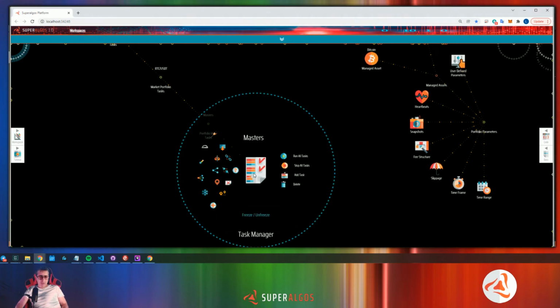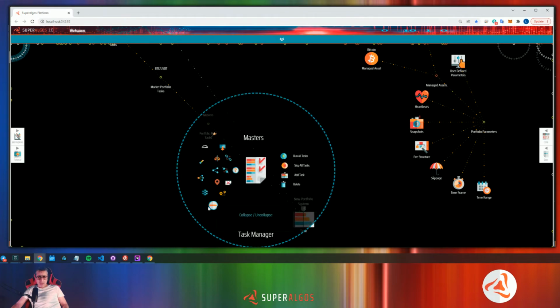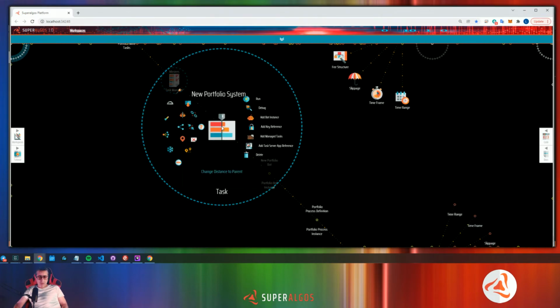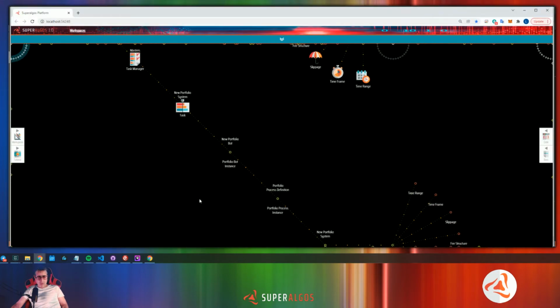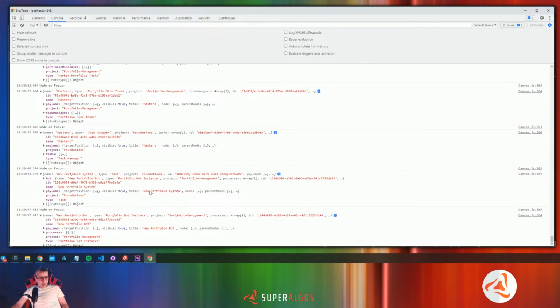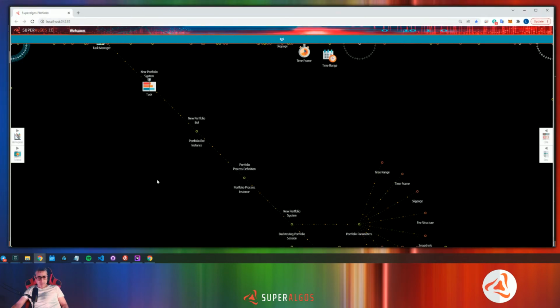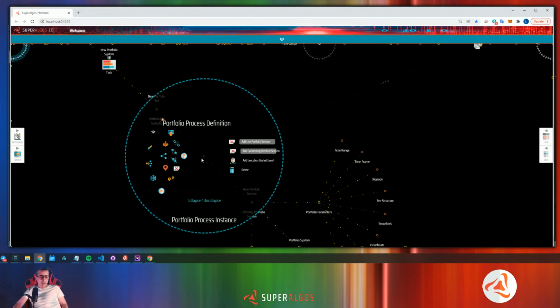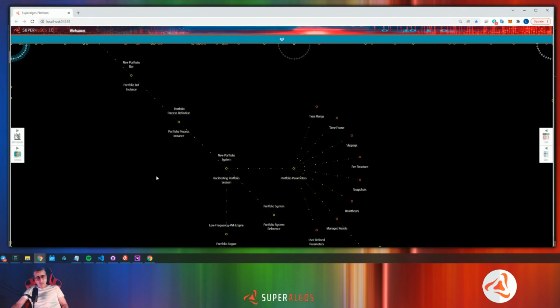And the task manager should be foundations, which it is. And all the other guys inside, this should be foundations. New portfolio bot should be portfolio management. This guy, portfolio management too.